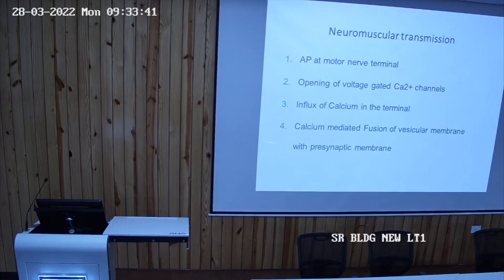So as calcium comes inside, it will mediate the fusion of the vesicular membrane with the presynaptic membrane. This calcium mediates the fusion of both. And there will be exocytosis of the vesicles. The contents will be released out. Okay.